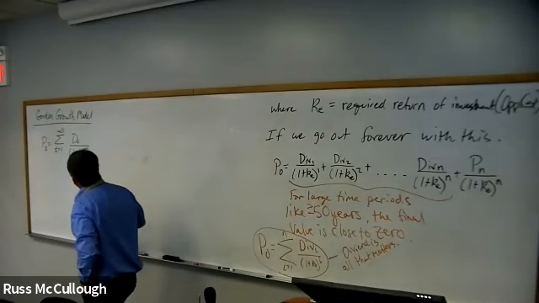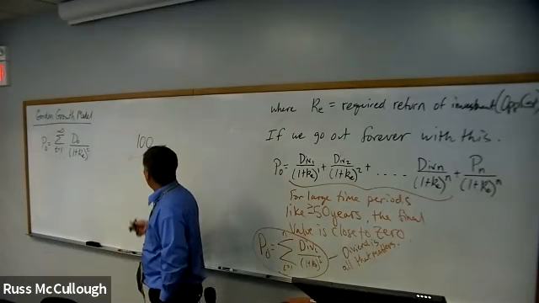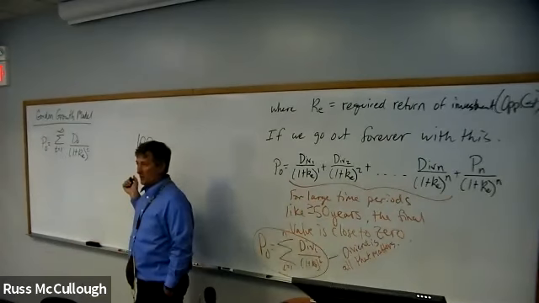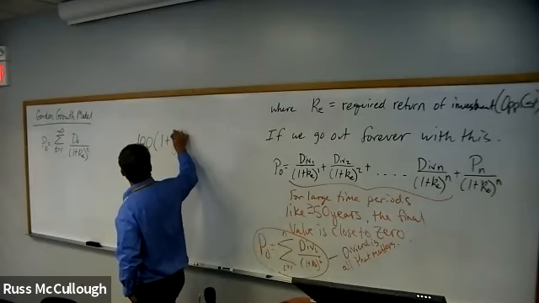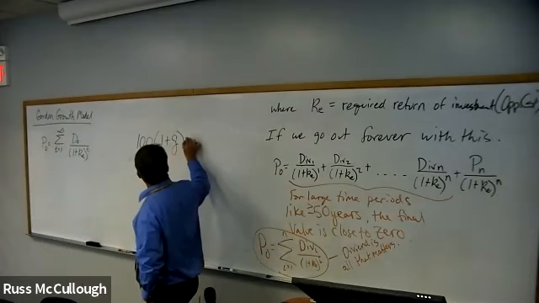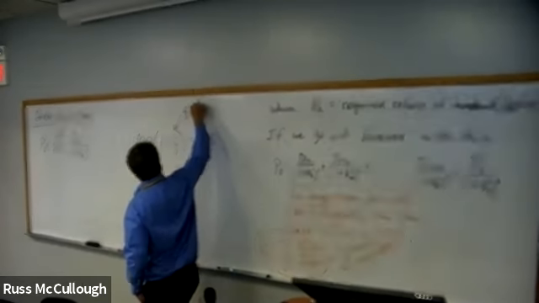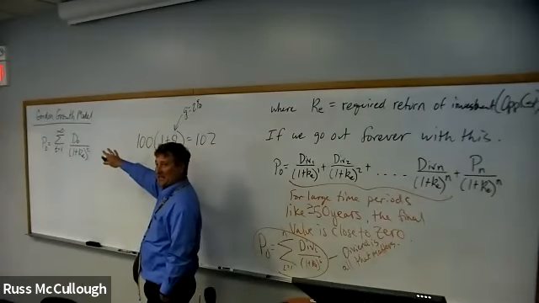If the dividend grows by 2% every year and is currently $100, what would it be next year? 102. So we have 1 plus the growth rate equals 102, where G equals 2%. I'm just showing you this as an aside before I lead you into that formula.